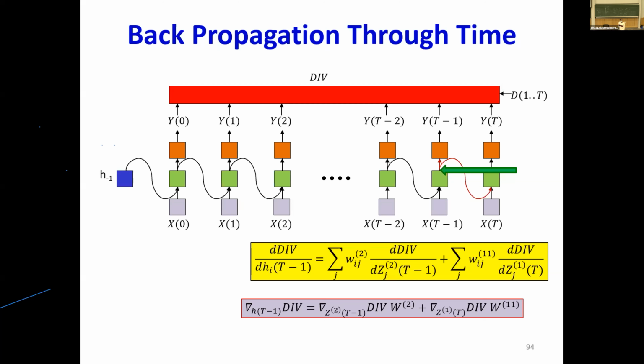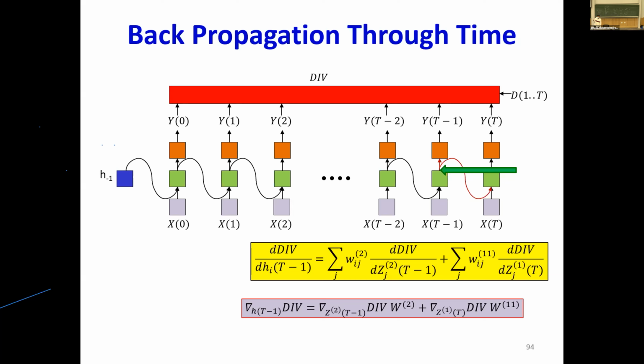So what is that derivative? What is the derivative for the weights of the red arrow over here? That's going to be h of t minus 1, the value at the input to the arrow, times the derivative at the output of the arrow, right?